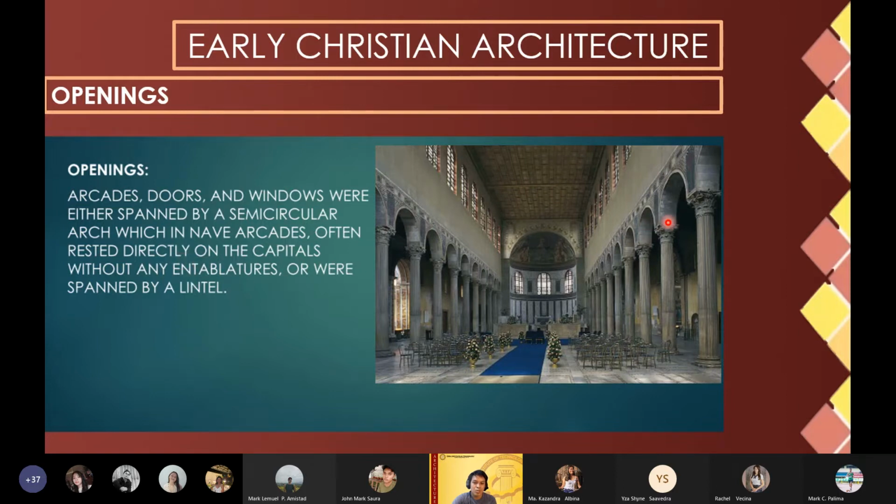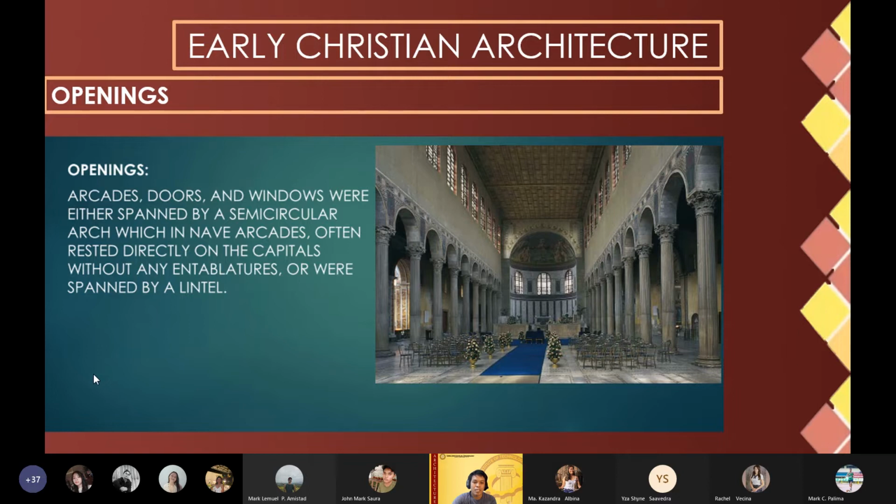So they rest on the capital of the column. It's not the same as Roman architecture, which had entablatures, metopes, and so on and so forth. This one rests directly on the capitals or were spanned by a lintel.